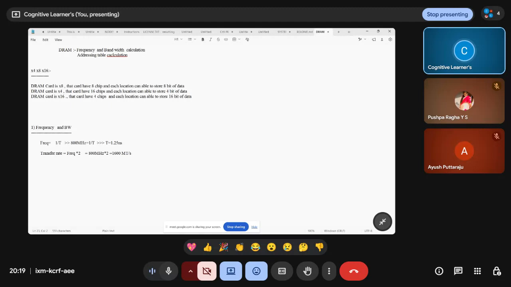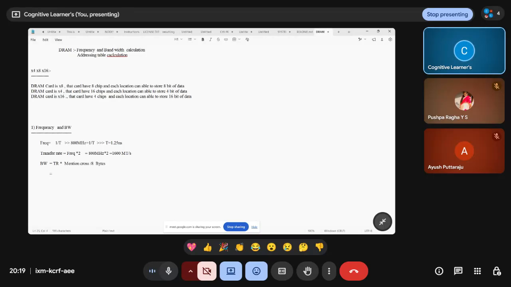Next formula is bandwidth. Bandwidth is equal to transfer rate times cross divided by 8. The unit is mega bytes.